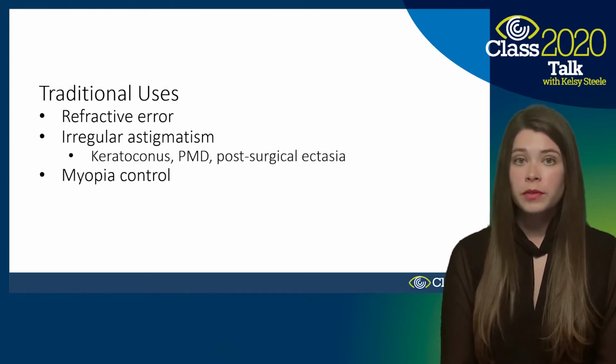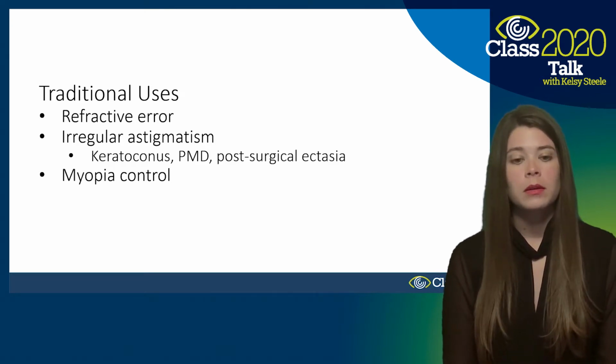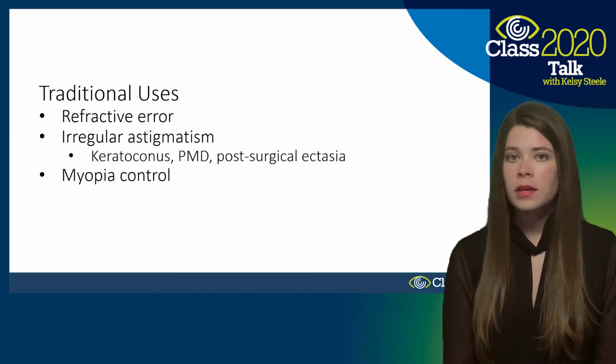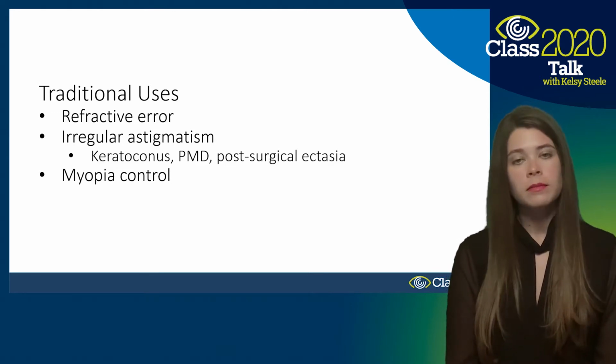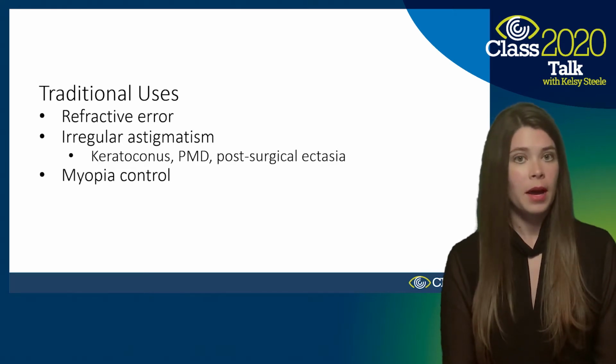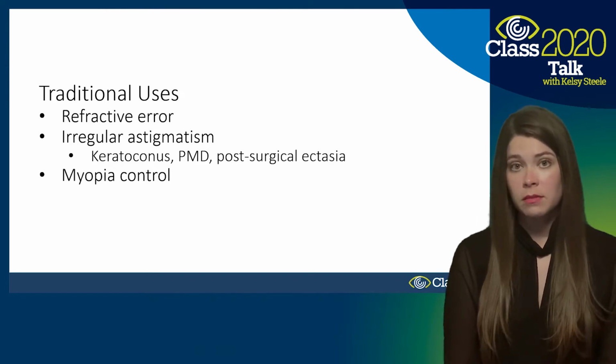So if you're joining us for class, you are probably pretty familiar and comfortable with most of the traditional uses for specialty contact lenses, including things like refractive error management, just run-of-the-mill spherical contact lenses, all the way to compound astigmats, also for our irregular astigmatism patients.